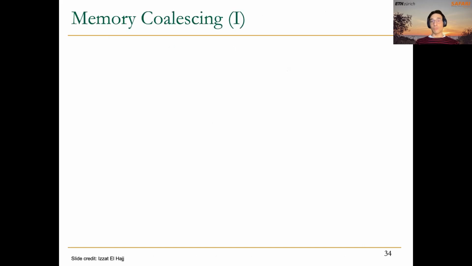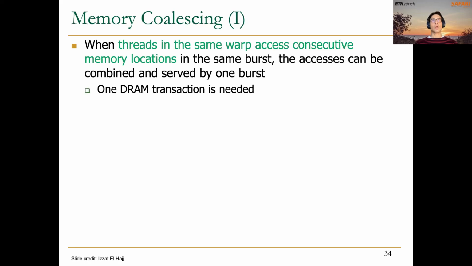But now let's talk about memory coalescing and what we mean by it. We say that when threads in the same warp access consecutive memory locations in the same row, the accesses can be combined and served in one burst. In this case, only one DRAM transaction is needed, and this is what we call memory coalescing.